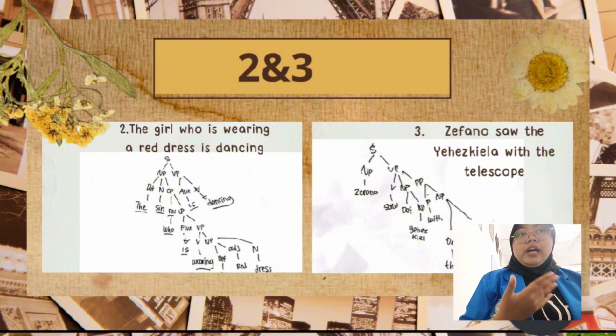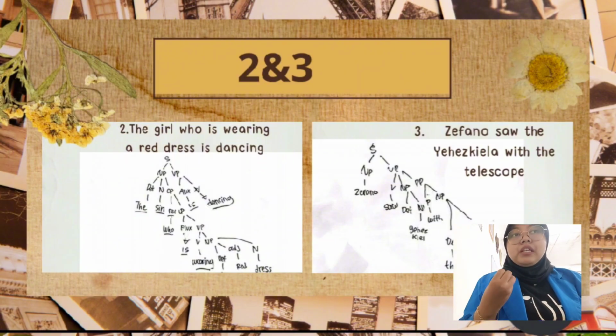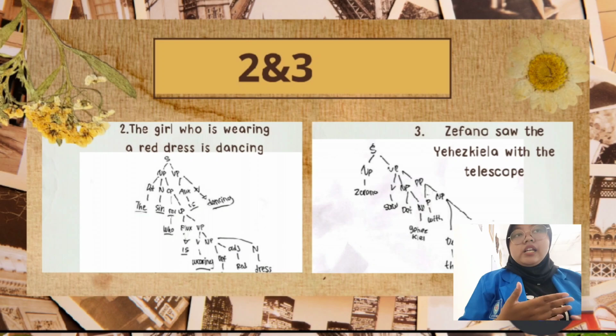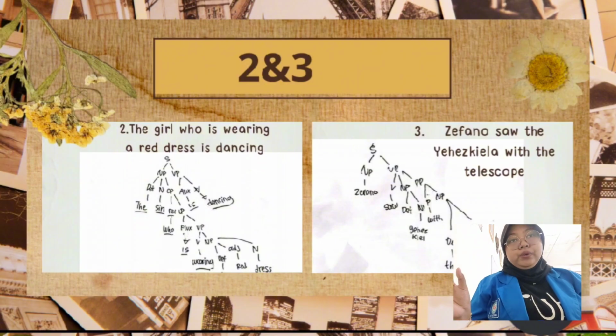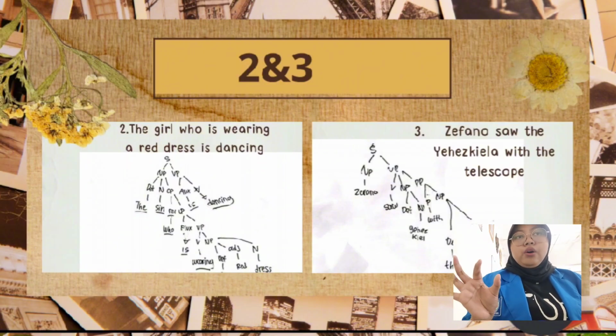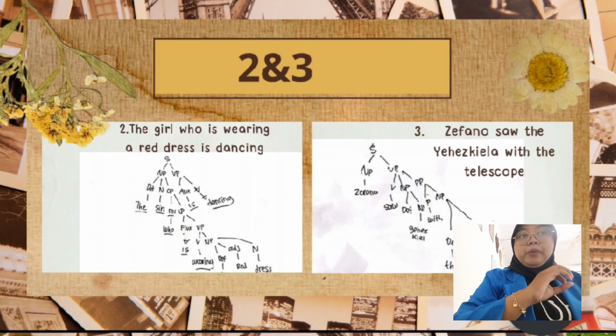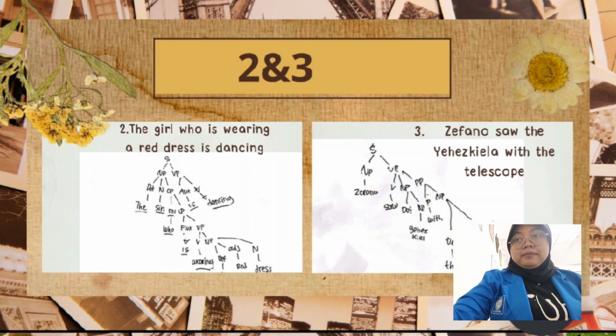This prepositional phrase can be interpreted in two ways. It can modify the verb saw, meaning Zifano used a telescope, or it can modify the noun Yehezkiah, meaning Yehezkiah had a telescope. This ambiguity occurs because the prepositional phrase can attach to either the verb phrase or the noun phrase.